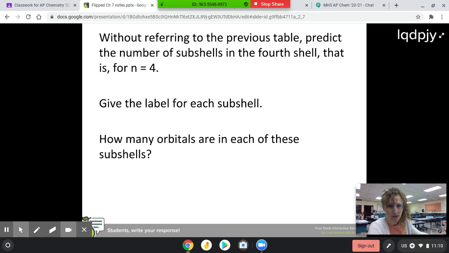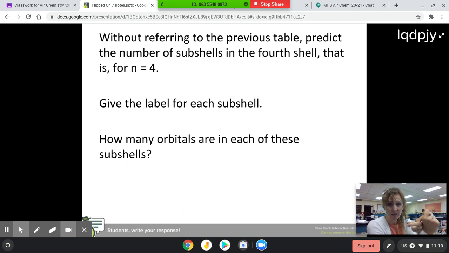Okay, a couple good questions here. So, what is the meaning of N? N is if you were going to tell me what energy level you're in, or sometimes we refer to that as what shell are you in, that's N. So if I say N is 3, that means you're in the 3rd energy level, or you are talking about the entire 3rd shell. That's what N is.